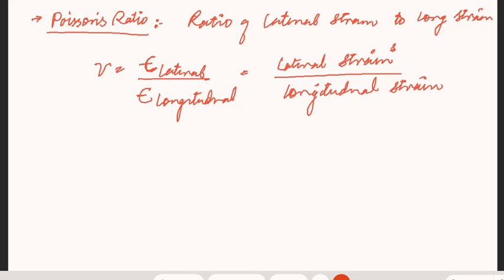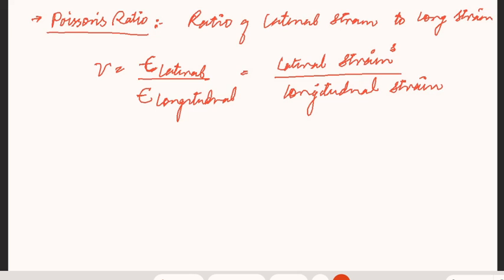Now, different things actually happen with different types of forces. For example, if we apply tensile forces, what will happen? Longitudinally it will elongate, and laterally it will contract, right? Likewise, if we apply compressive forces on any elastic body, what will happen? Longitudinally, there will be contraction, and laterally, there will be elongation.